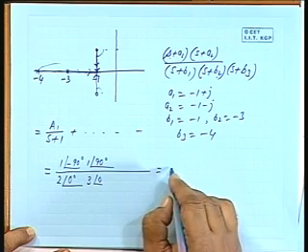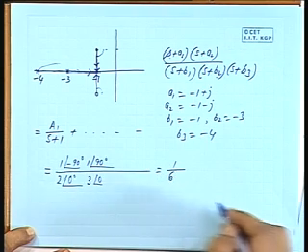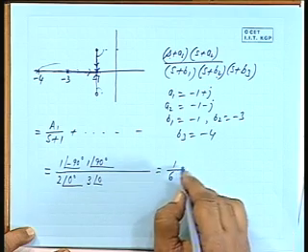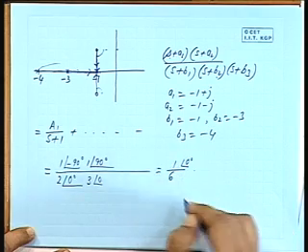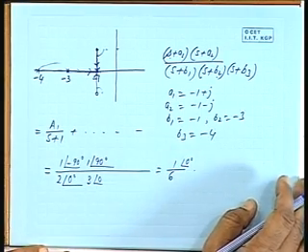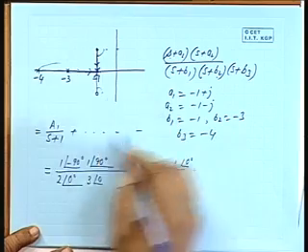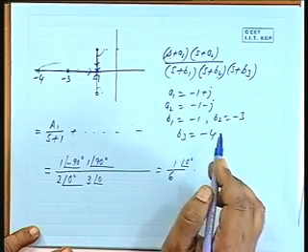So, how much is this? 1 by 6 and an angle of 0. Okay. So, vectorially also you can calculate these residues A1, A2, A3, A4.